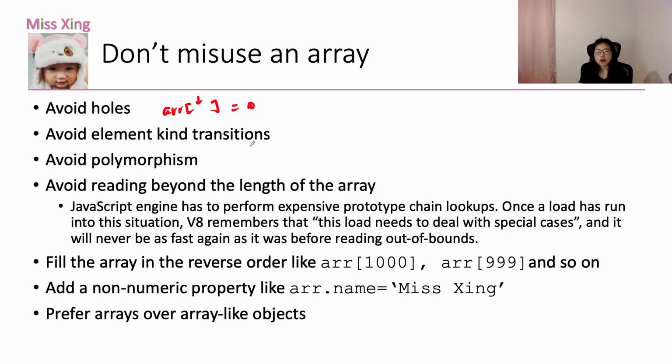So avoid that. If you add just one, your element kind is going to transition to the next, lower level, which is a slower level, and you cannot transition back. It's better to avoid this kind of transition.